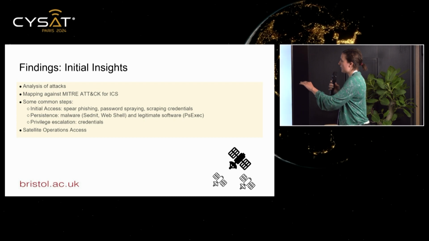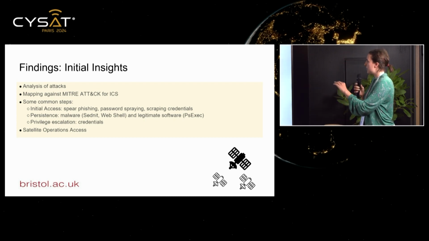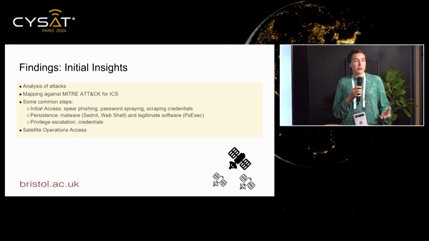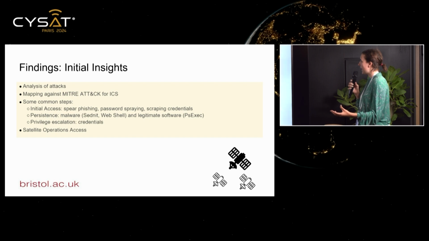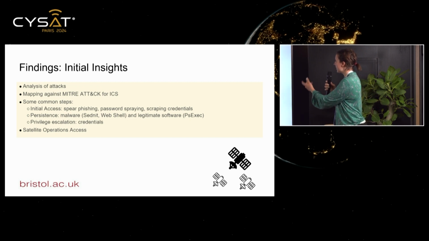Another one, which was quite interesting, was persistence. This is interesting because once again the attackers used some of the software or methods you might expect to see in attacks against other types of infrastructure, such as SEDNIT, web shell, and legitimate software as well, such as that which you can see.